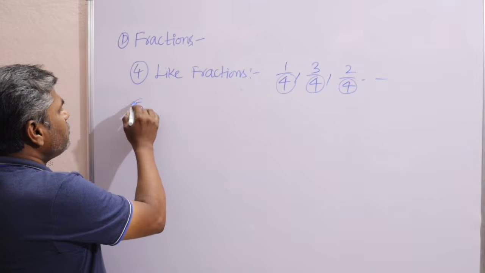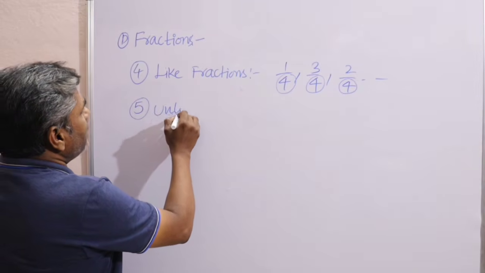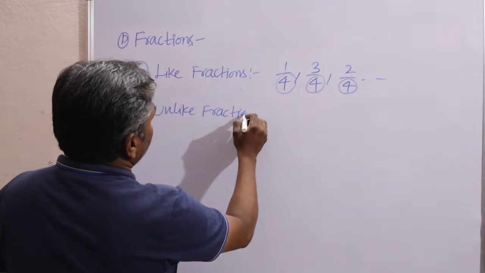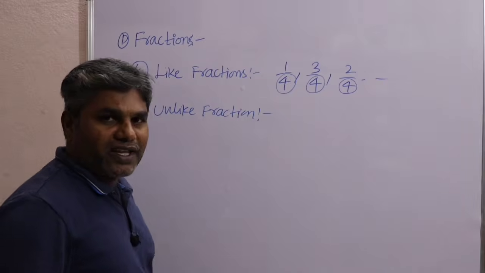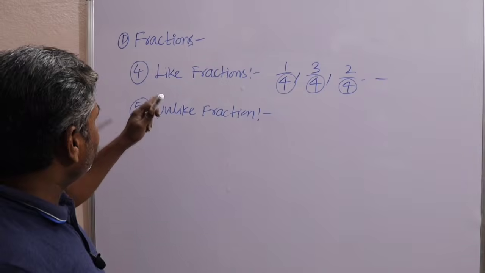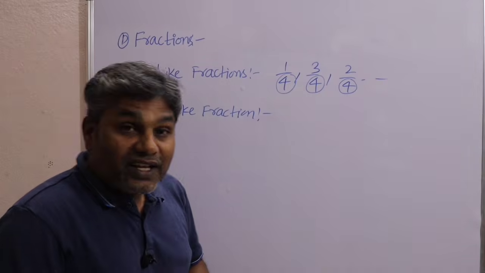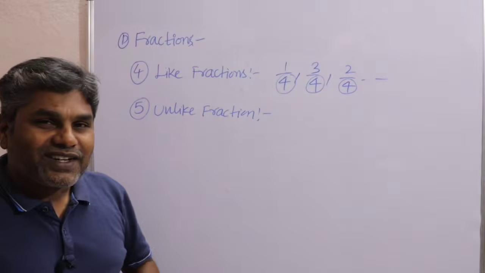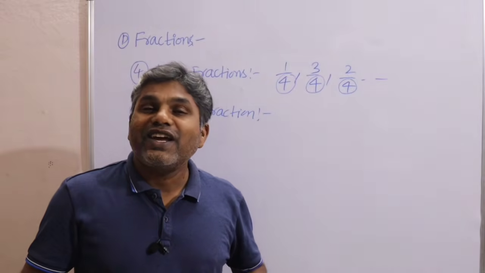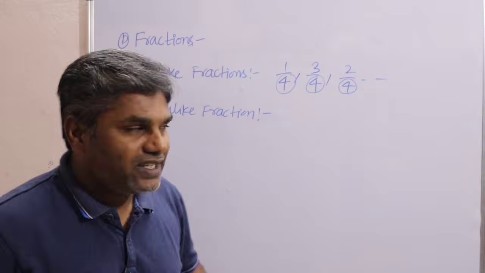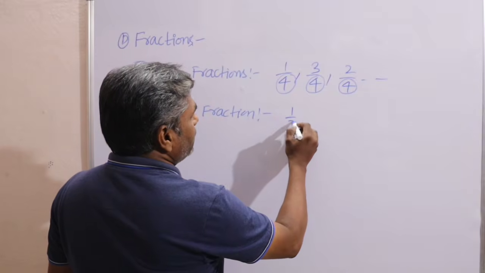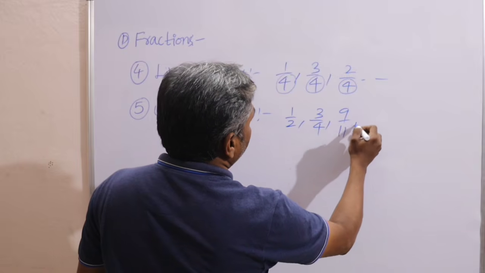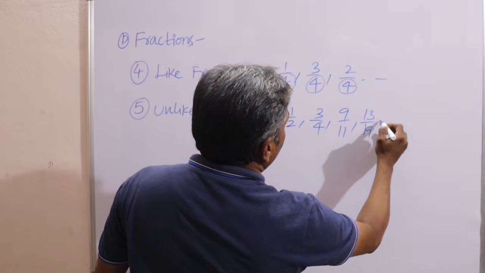Similarly, the opposite of these are unlike fractions. Students, you may explain without my explanation. Why? Because like fractions are fractions which have the same denominators, and unlike fractions are fractions whose denominators are different. Suppose I am taking 1 by 2, 3 by 4, 9 by 11, 13 by 19.